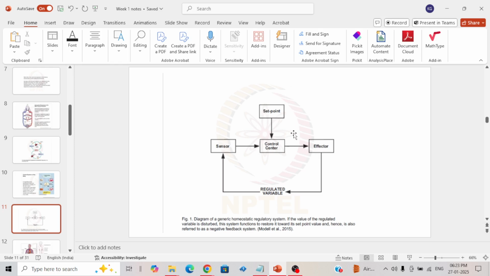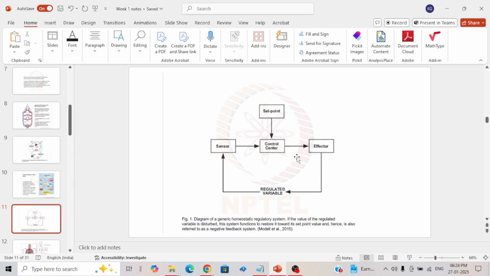This set point is somehow connected to the control center. This control center is present inside the brain, in the central nervous system. When the set point is disturbed, there are different circuits present inside this control center. So when there is some kind of disturbance in the set point of that particular person, in any way, then these circuits work in harmony, and they will perform the sensory function and also the effector function.